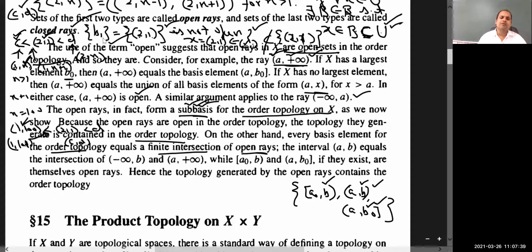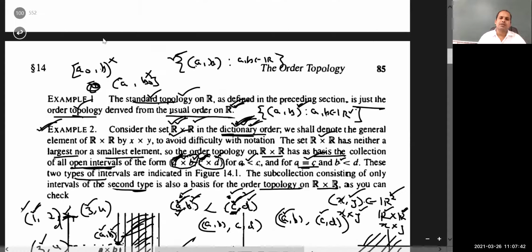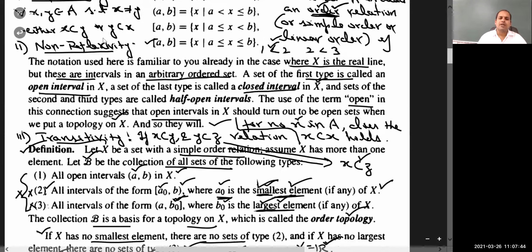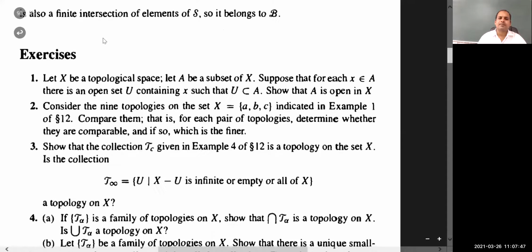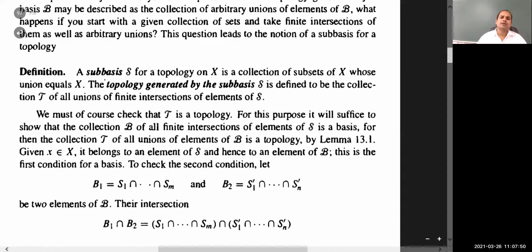Actually, let me recall here the definition of sub-basis. There is a property that the union of the sub-basis members should be equal to whole X. See, any collection script S, a sub-basis script S for a topology on X, is a collection of subsets of X whose union equals X. This is the first requirement: the members of that collection, their union should be equal to whole X. And second, the topology generated by the sub-basis is defined as the collection script T of all unions of finite intersections.